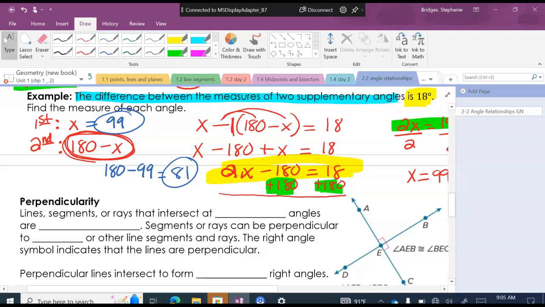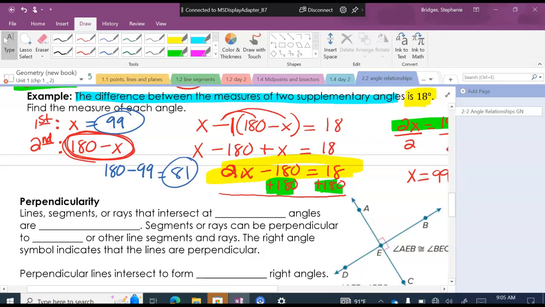But what I do want to show you is this. What if I switched the order? What if I took my second angle minus my first angle? My second angle is 180 minus x, correct? And then I subtracted my first angle and set that equal to 18. Do you think we're going to get the same answer? Let's take a look. What's negative 1 plus negative 1? Negative 2. If I want to get this negative 2x by itself, how do I move this 180 to the other side?